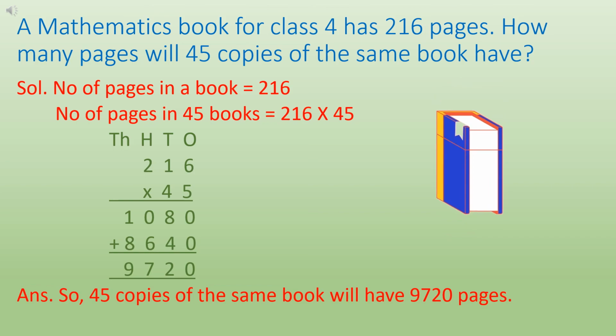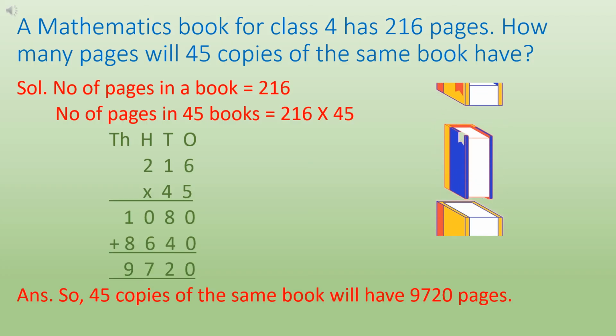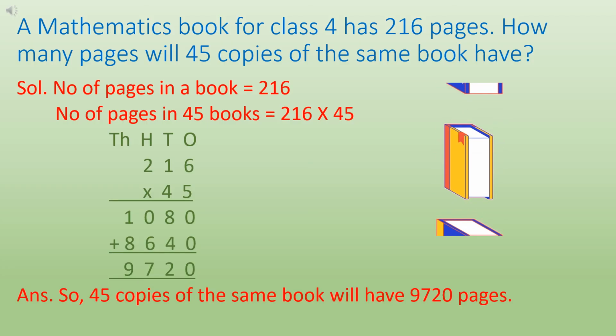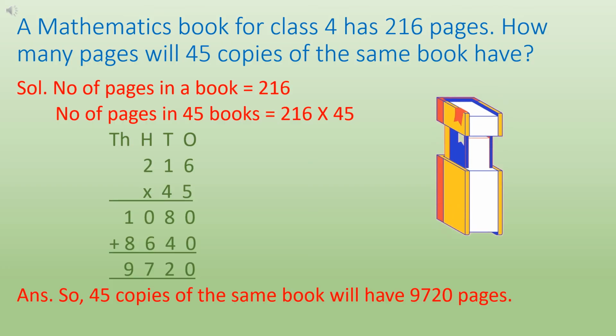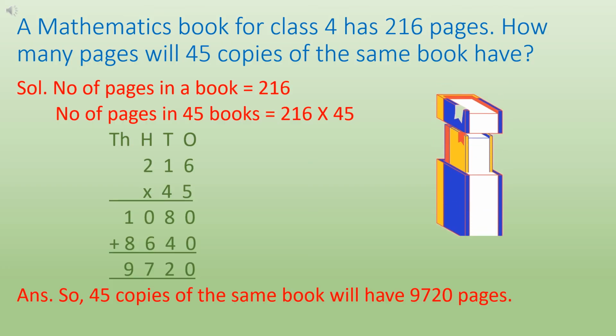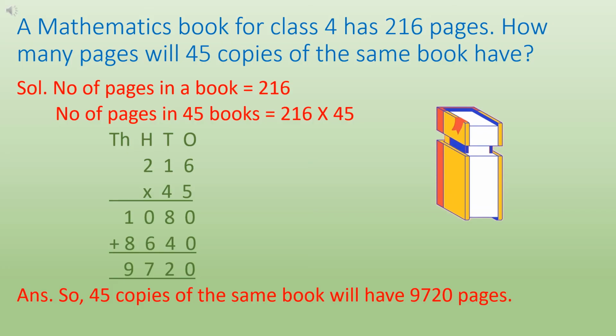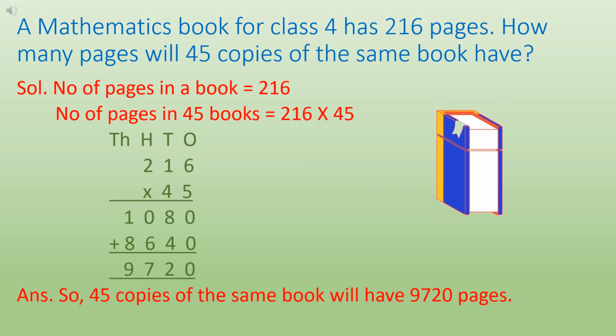Next we will multiply 4 by 1. 4 ones are 4 plus 2 was carried over. So we will write 4 plus 2, 6. And next we will multiply 4 by 2. 4 twos are 8. So we will write 8. So after multiplying 216 by 4, we have got the product 8,640. Our first product was 1,080 and second product is 8,640.